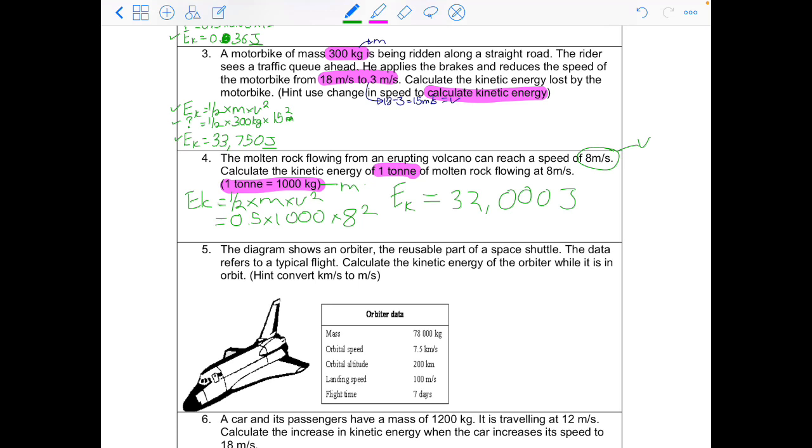Here, our next one, again, so this one is actually worth 4 marks, 1 for conversion, 1 for the formula, 1 for plugging in the numbers, and 1 for writing out the full answer. On a test, if you simply plug something wrong into your calculator, which we've all done before, we all make that mistake, and you only write down this number, you will get 0 marks because you're writing down the wrong answer.